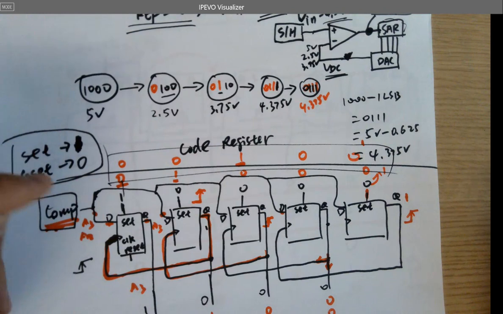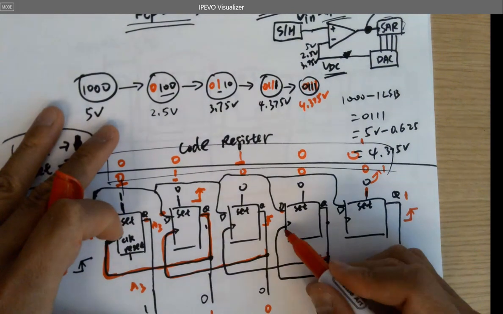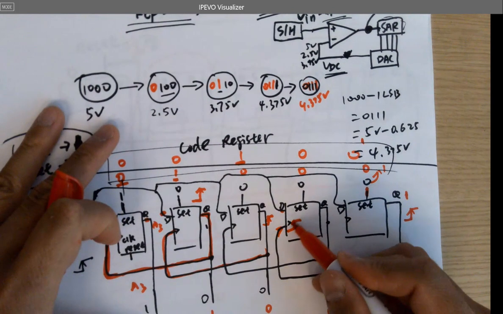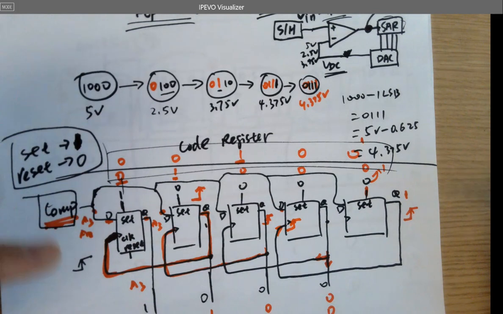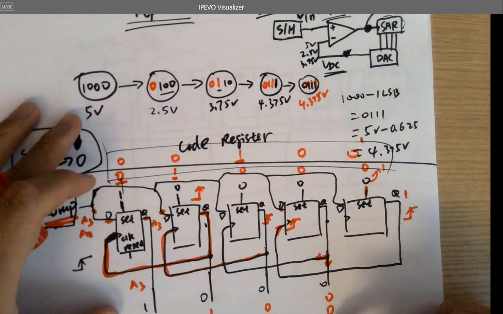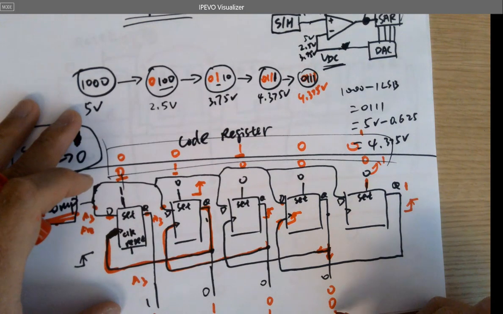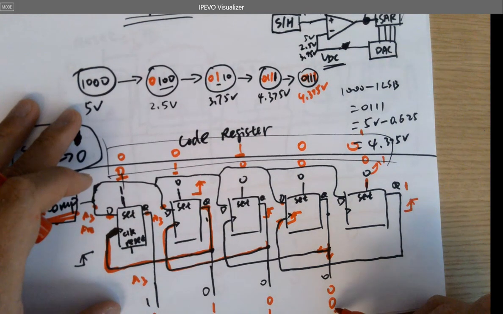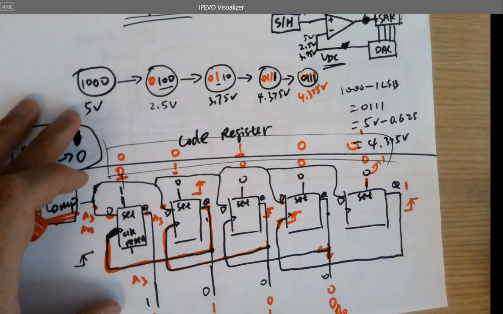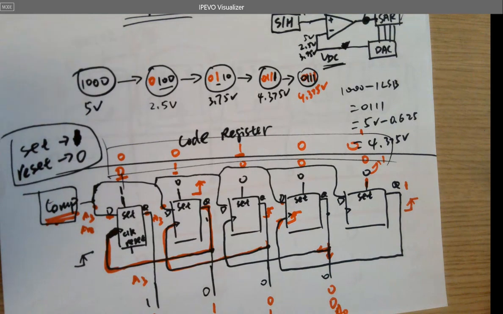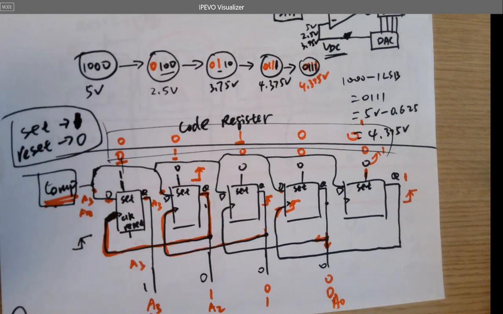The rising edge. It's going to do what? What is that D? All makes sense, right?